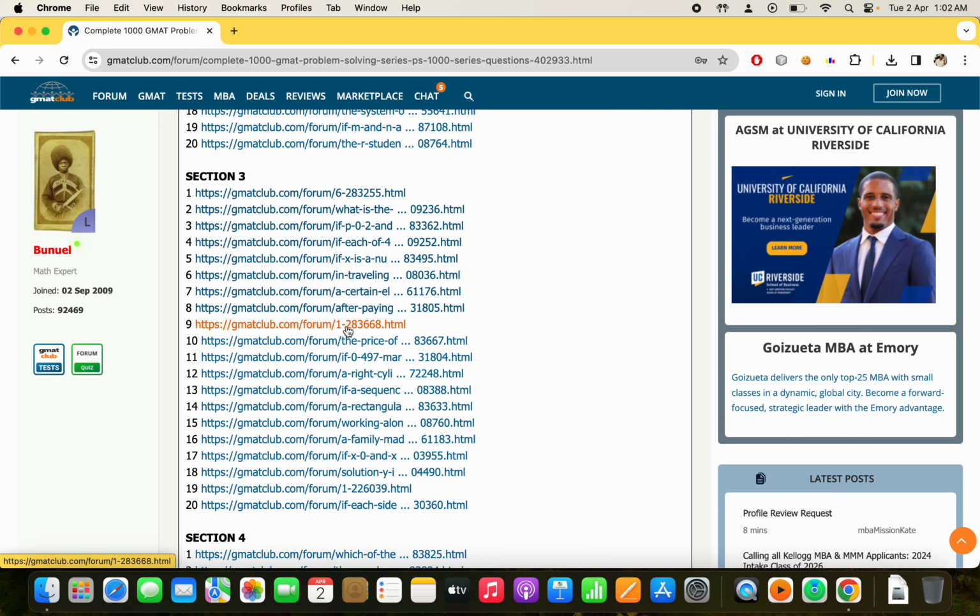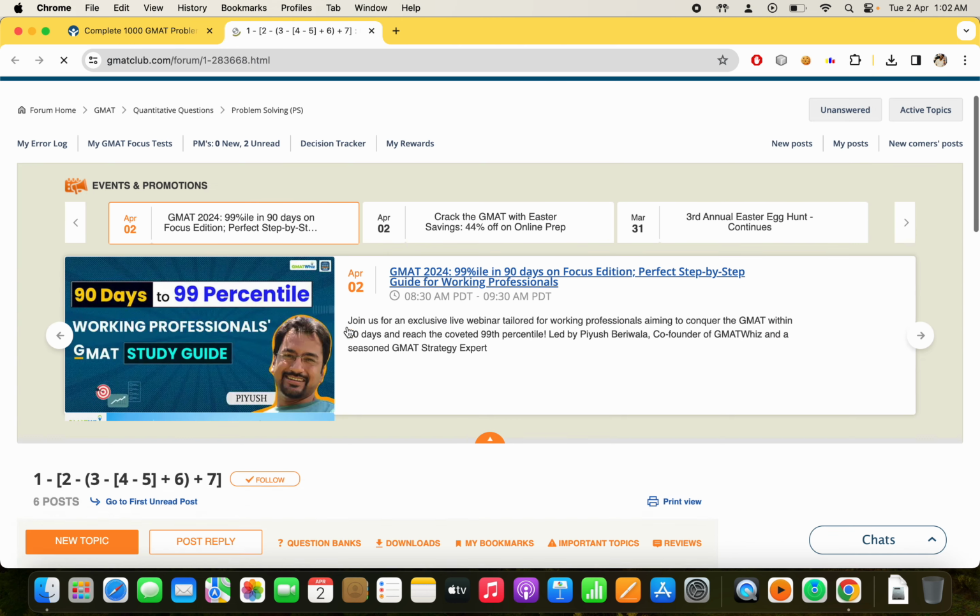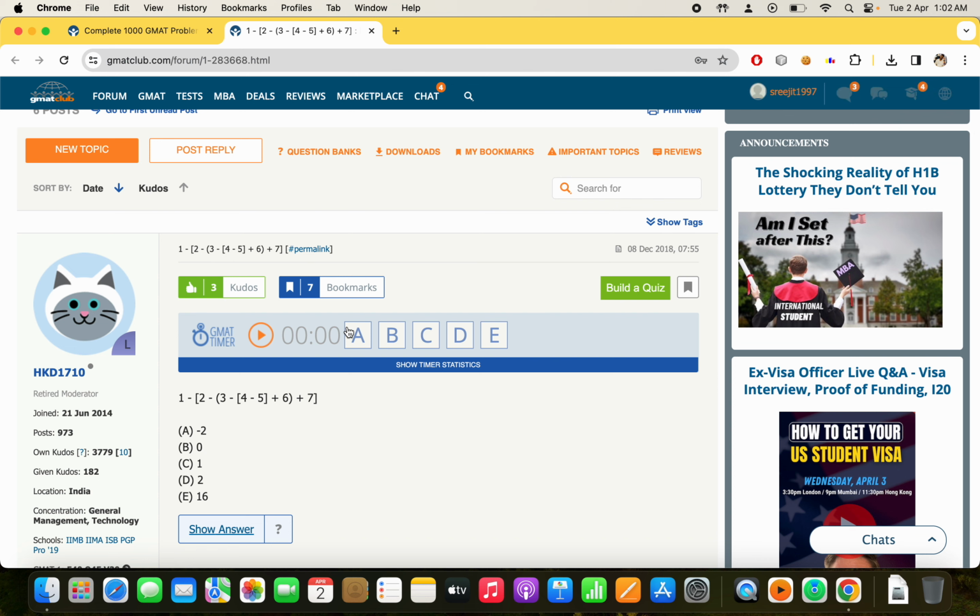Moving to the next question, which is number 9. Okay, this is one math problem. Let's do the middle bracket first. 4 minus 5, which is minus 1. 3 minus minus 1 is 4. I mean minus plus 1. So 3 plus 1 is 4 plus 6, which is 10.